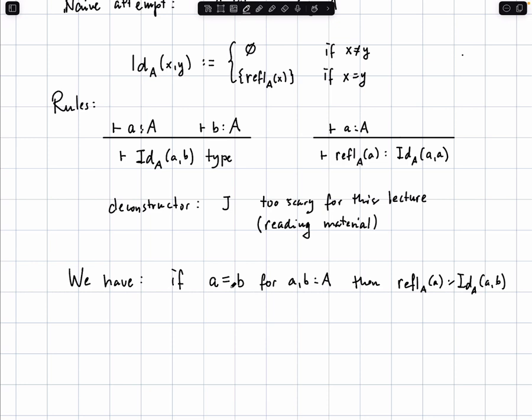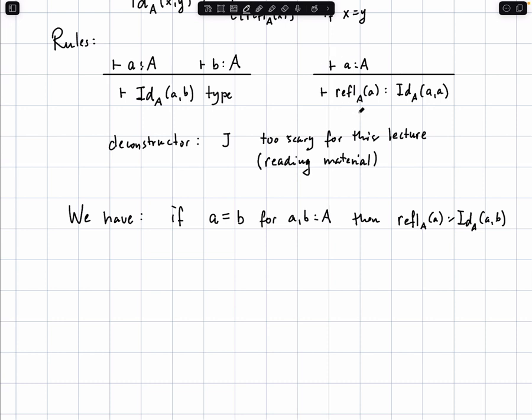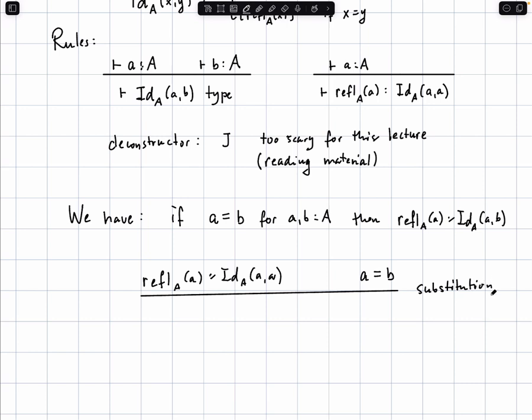So what you do is you say, aha, okay, by this rule up here, refl a a has type id A a a, and because I know that a equals b, therefore I can replace any one of these a's, the little a's, any one I want, with b. So I could replace just the first one or just the second one, but this is what I'm trying to do. So by the rule of substitution of equals, these are equal, I can then replace.